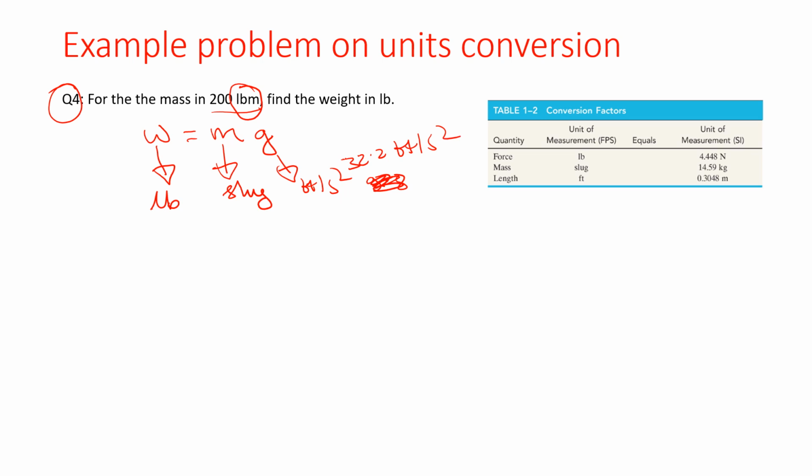Here the mass is given in pound mass, but we want mass in slug, so you should use the relationship that we discussed before, which is 1 slug is 32.2 pound mass. So what would be 200 pound mass in slug?